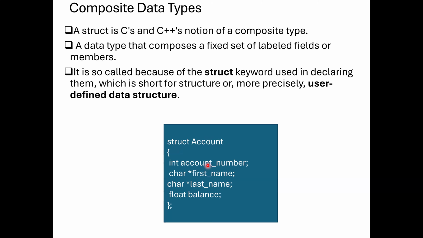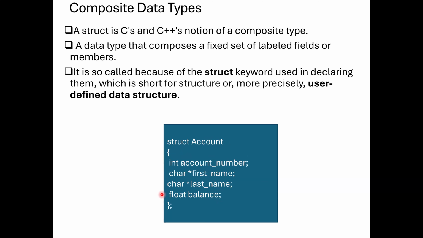And then we can define what this data structure will store, the kind of information that it will store. So in the curly braces, we have int account number. So this data type will require the account number of the person, character first name, character what? Last name. So it will require the first and last name of the account holder, and then float what? Balance.